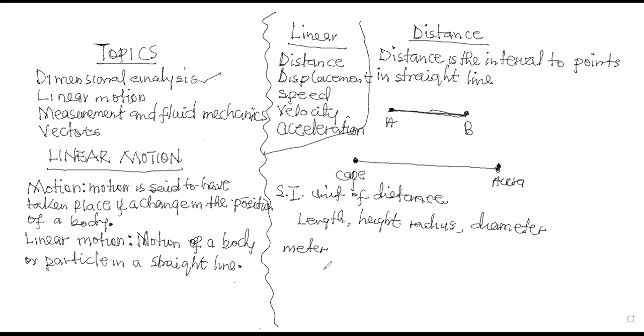Now, if the SI unit for measuring distance is meter, where from other units such as centimeter, millimeter, decimeter, nanometer, and so on and so forth? So class, the question is that if the SI unit for measuring distance or length is the meter, where from centimeter and millimeter?